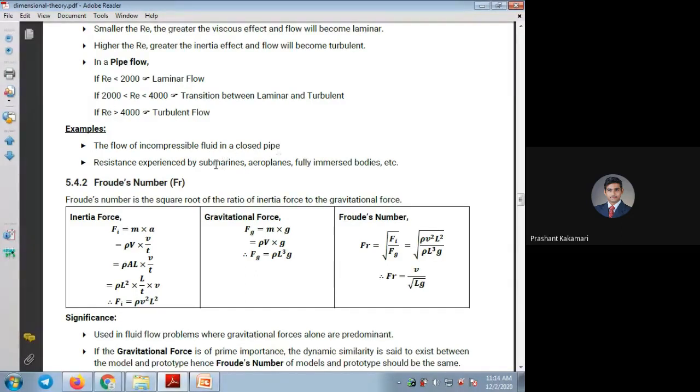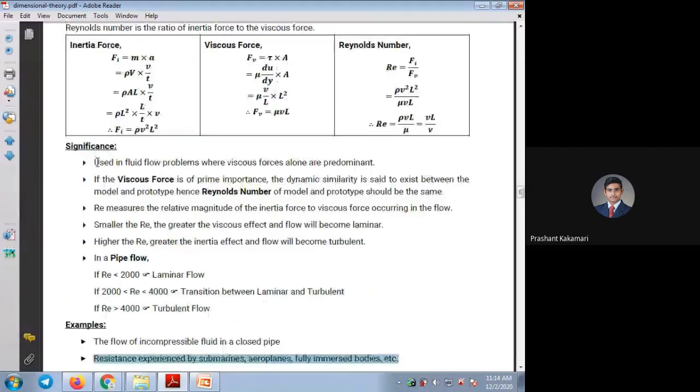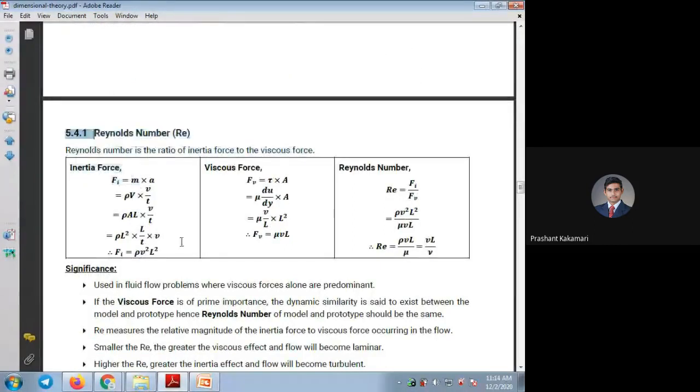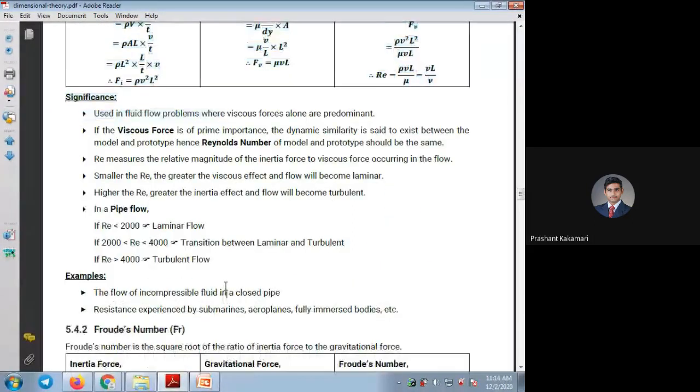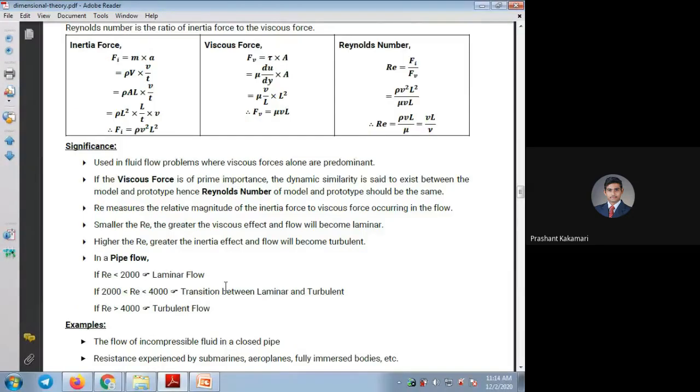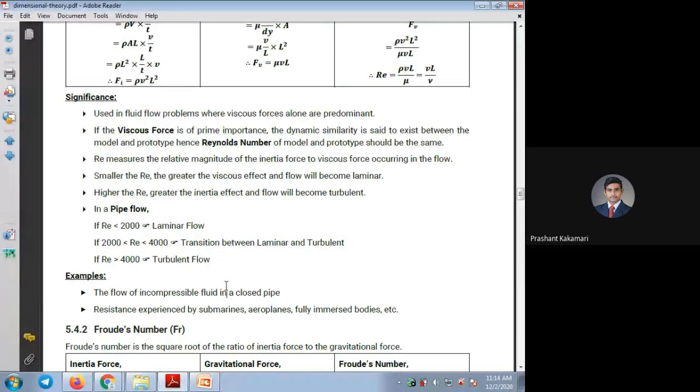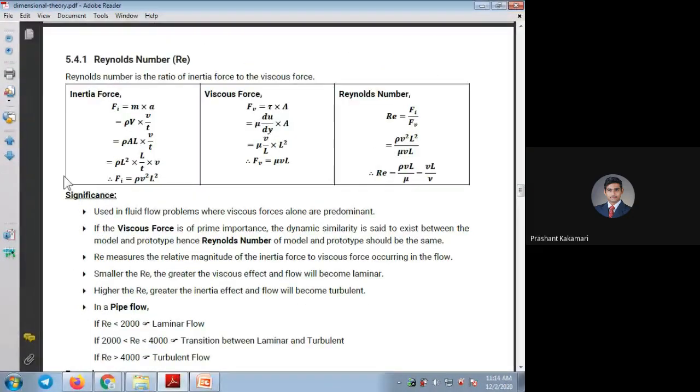And wherever resistance is experienced by submarines, aeroplanes, or fully submerged bodies, in such cases we are going to check the Reynolds number of the flow or the Reynolds number of the body which is moving with respect to stagnant water. So in such conditions, this Reynolds number is very important for us. So I hope you have already studied something about Reynolds number, and by this we understood what ratio of values is taken to write this equation.